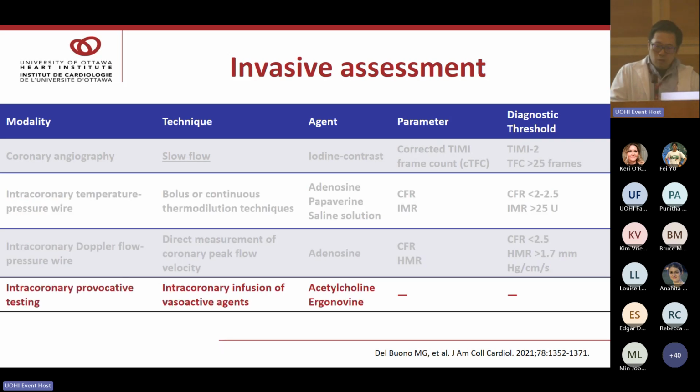Finally, an intracoronary provocation test is essential for the diagnosis of coronary vasospasm, both at the epicardial and microvascular level. Typically, either acetylcholine or ergonovine is injected into the coronary arteries, and then ischemic ECG changes and reproduction of typical angina are assessed.